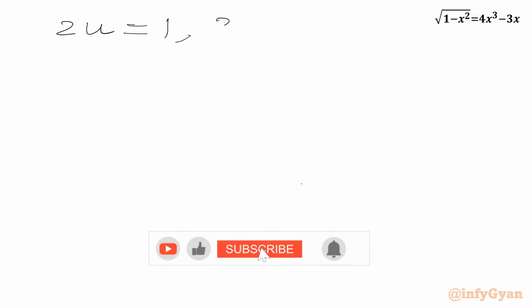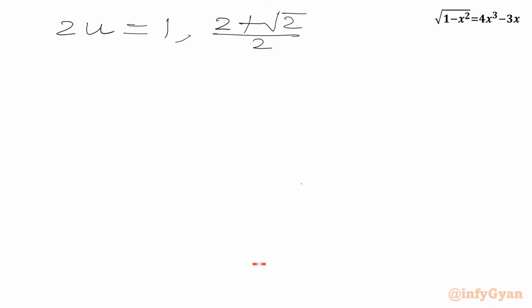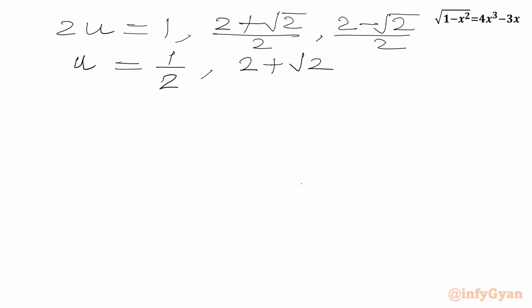So I will write 2u equal to 1, comma 2 plus root 2 over 2, 2 minus root 2 over 2. Now we will divide both sides by 2 to get the value of u. So we will get 1 over 2, 2 plus root 2 over 4, 2 times 2 is 4, 2 minus root 2 over 4.